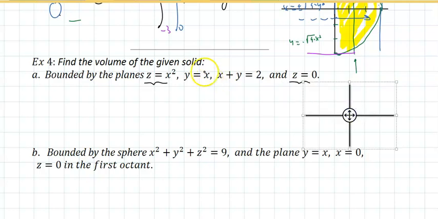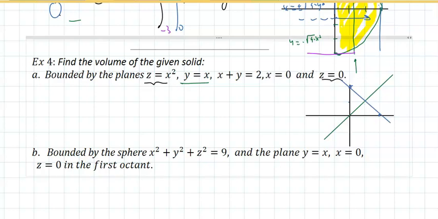Now, I'm looking at the domain z equals x and 2, 2. And I added x equals 0 just to make sure that we're talking about this region.